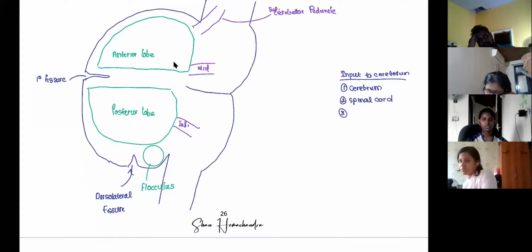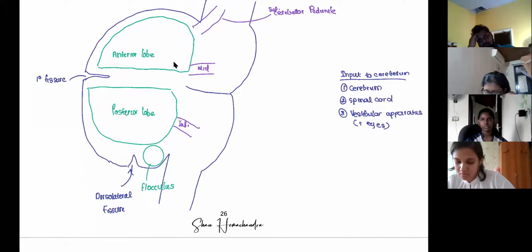The third one is the vestibular apparatus, and with it I always like to add plus eyes.